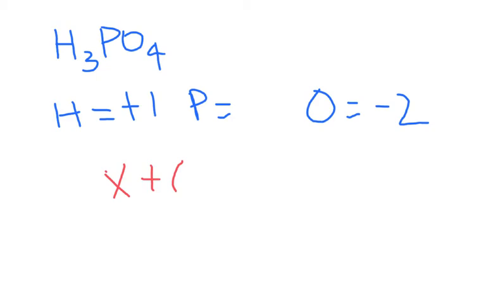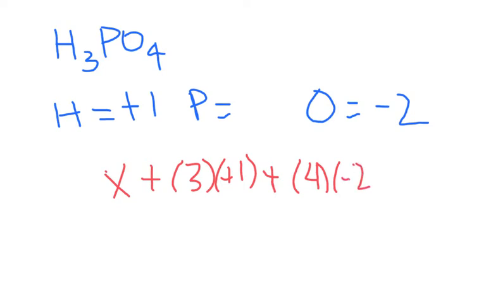Each hydrogen has an oxidation state of +1, so 3 times +1, plus there are 4 oxygens. Each oxygen has an oxidation state of -2, so 4 times -2. And the overall charge for this compound, the algebraic sum, has to equal 0. I'm going to let this equal 0.